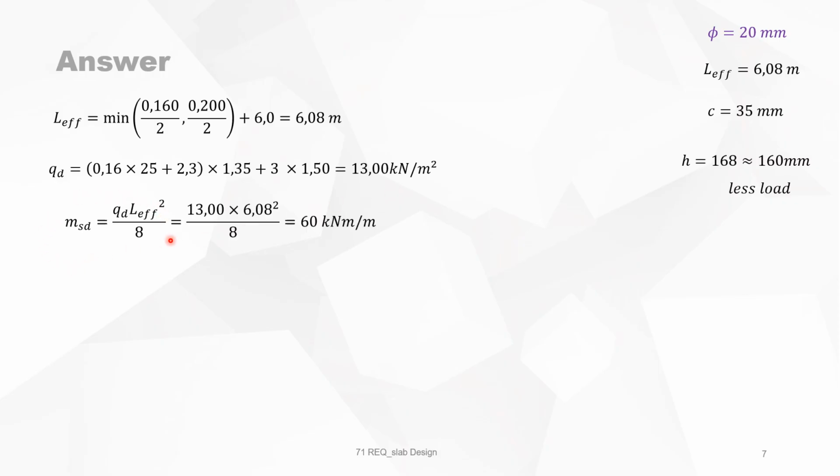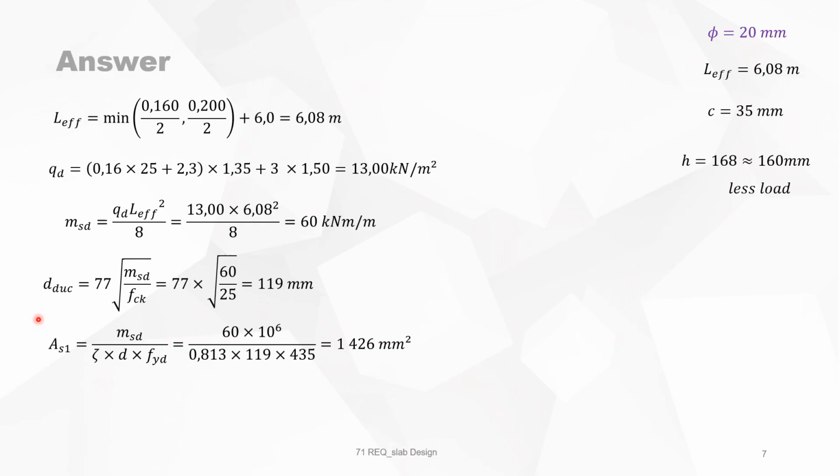The maximum bending moment is 60 kilonewton meter per meter, and the required ductility depth is then 119 millimeters. We recalculate the reinforcement and we find 1,426 square millimeters. This can be transformed to 5 diameters 20, which gives you 1,571 square millimeters per meter.